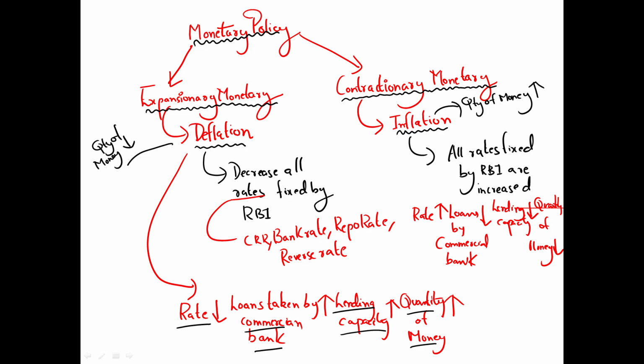When the rates increase, it is very expensive for commercial banks to take loans. As a result, the lending capacity of the commercial banks goes down. As a result, the quantity of money in circulation goes down, and this is how inflation is curtailed by the Reserve Bank of India by contractionary monetary policy. So there are two kinds of monetary policy we have discussed: expansionary monetary policy and contractionary monetary policy.